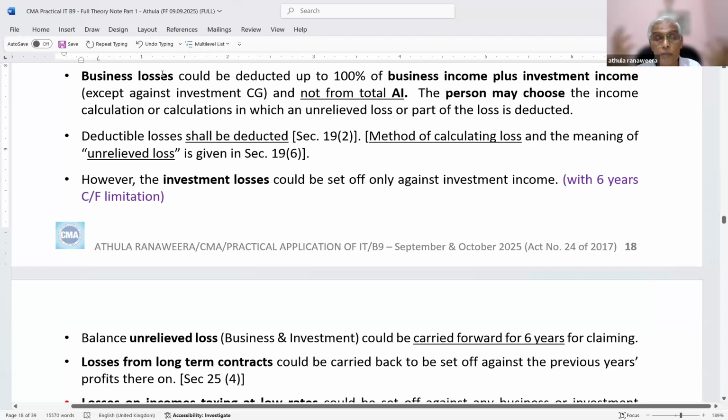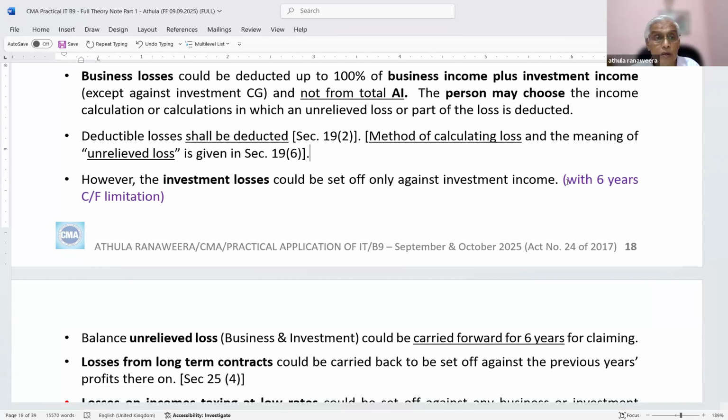However, investment losses have a limitation. Business losses have no limitation, but investment losses could be set off only against investment income. In the case of investment losses, you can't set off against the business losses or business profits. You have to set off against the investment income.